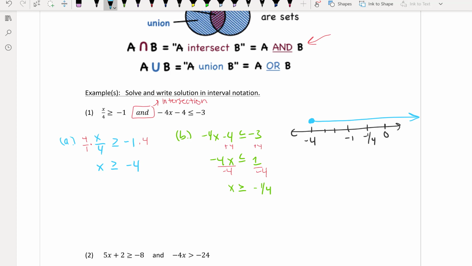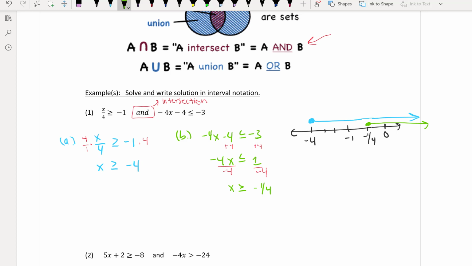Now over here, x is greater than or equal to negative 1/4, so again I have a closed circle. Let's change the color here. I wanted green, so at negative 1/4 I have my green dot, closed and filled in, and I'm going in that direction.